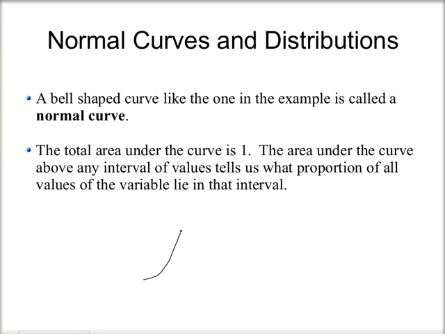So if I have a bell-shaped curve like this one, this is a normal curve, or mostly a normal curve. My lines aren't very straight. The total area under that curve is going to be equal to 1.